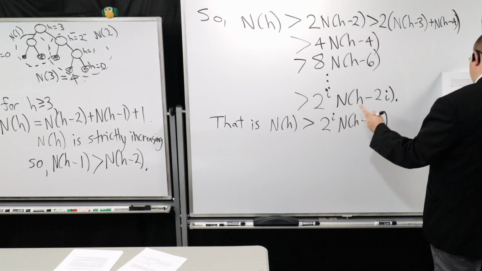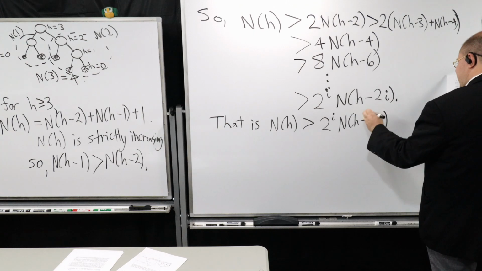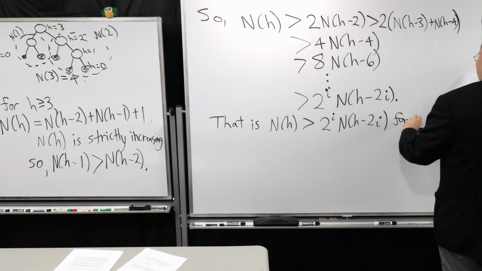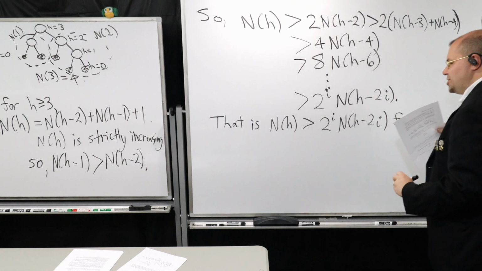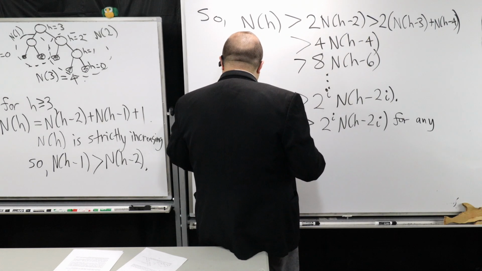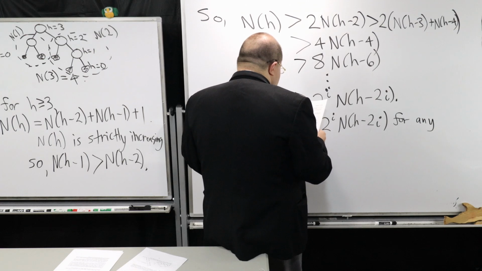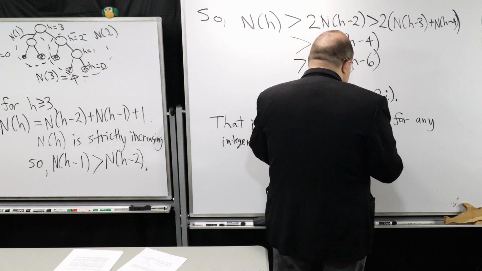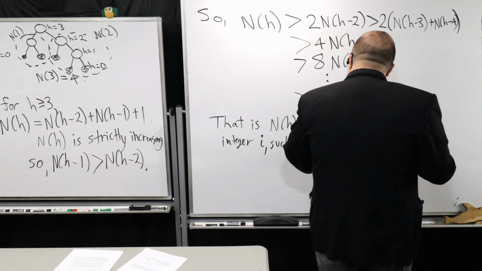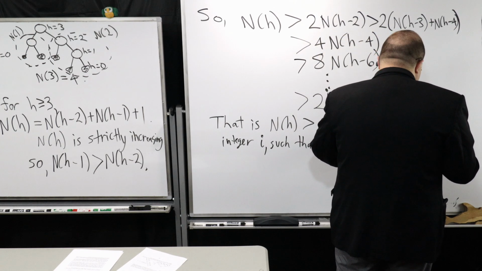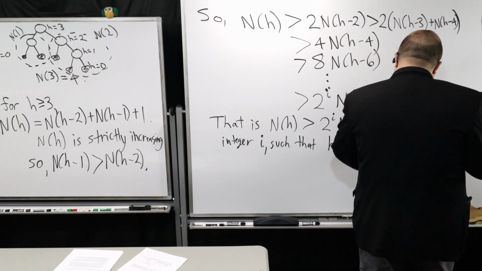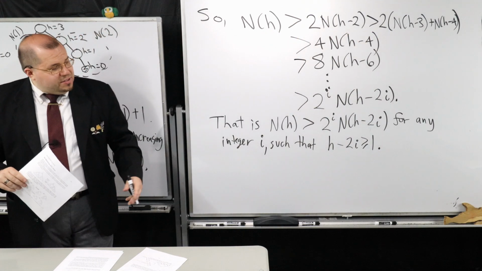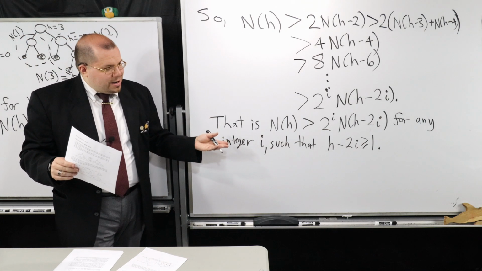And this has to be true, because I always have to say when this is true, for any integer i such that h minus 2i is greater than or equal to 1. So now I have this general pattern that I can use.